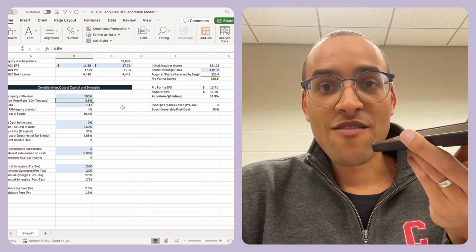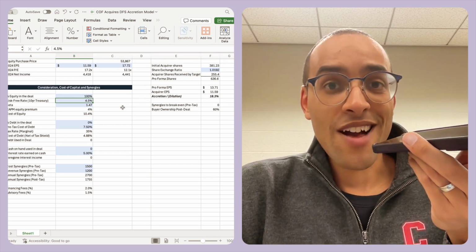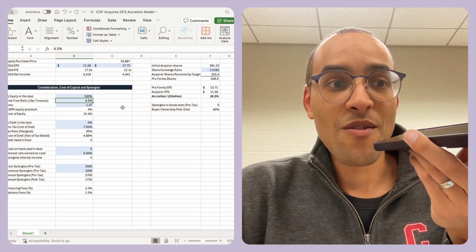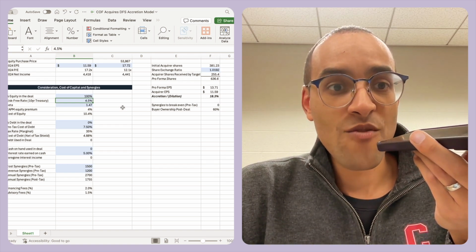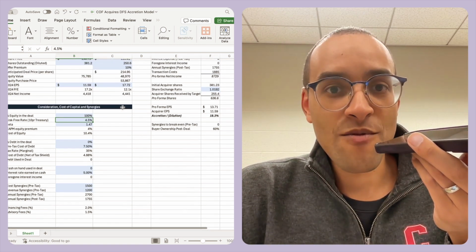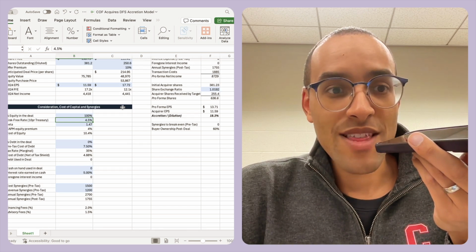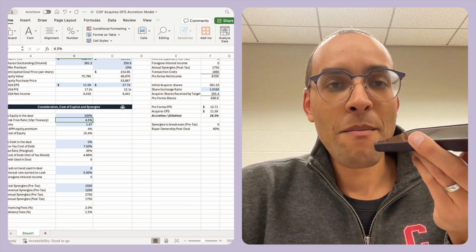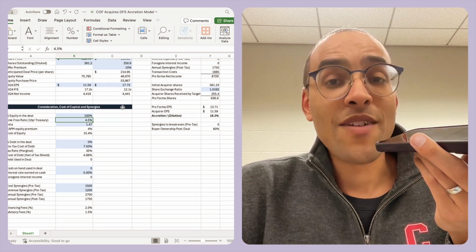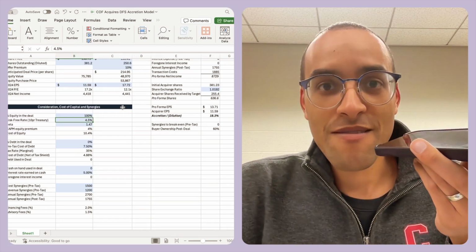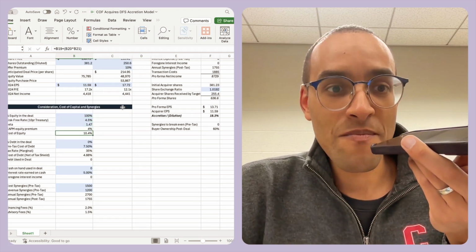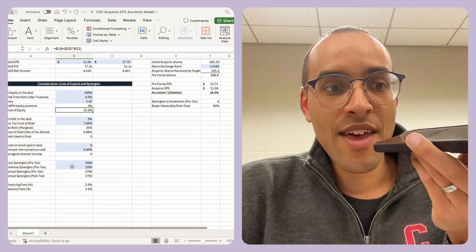I'm also going to assume some other things in order to calculate cost of equity. We don't really need this for this calculation, it's just for reference. If you remember the cost of equity formula: risk-free rate plus beta times the risk premium. So I went ahead and put those in there.